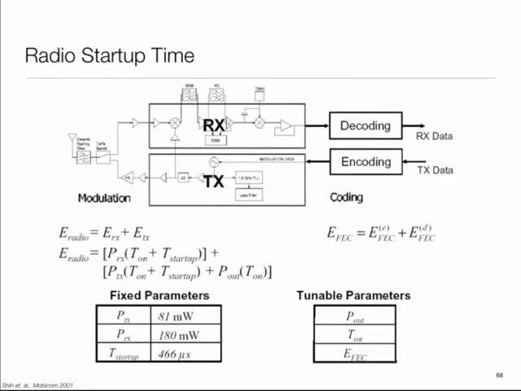Another aspect we talked about was that it's not simply how much power I'm consuming, but also how much energy I need every time I shut down and restart. In case of radio, this takes the form of a radio startup time. Before you can send out a bit, you have to power up the radio, and you have to send out some synchronization signals. All of that takes time, and the energy consumed during that is an overhead that gets associated with every bit.